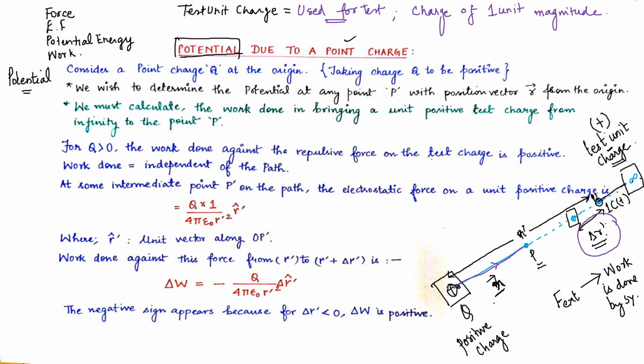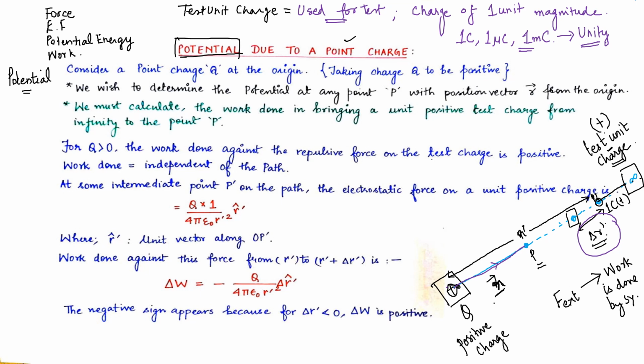This charge can have unit of 1 coulomb, 1 microcoulomb, 1 millicoulomb, or anything. So this charge is having everything in unity, not more than 1. Hence it is called unit test charge or test unit charge.